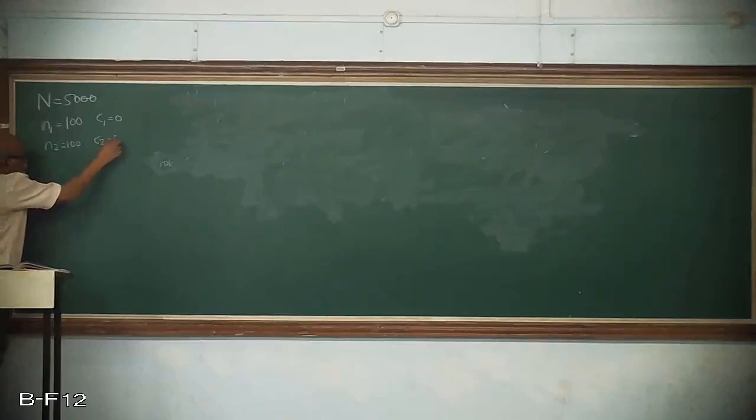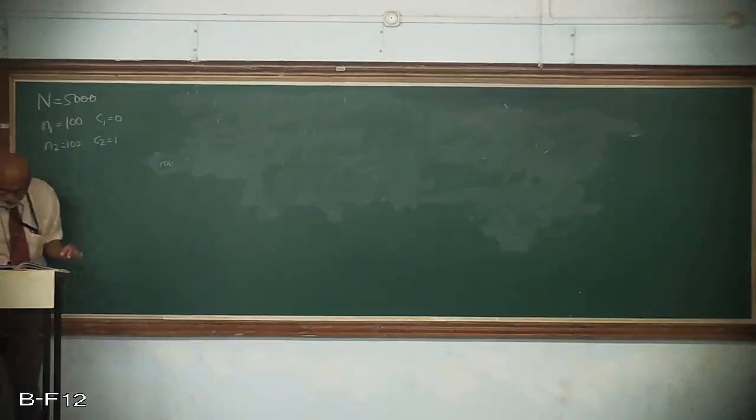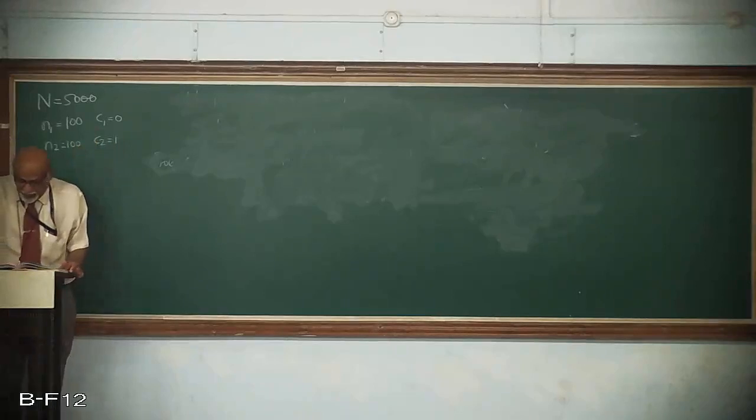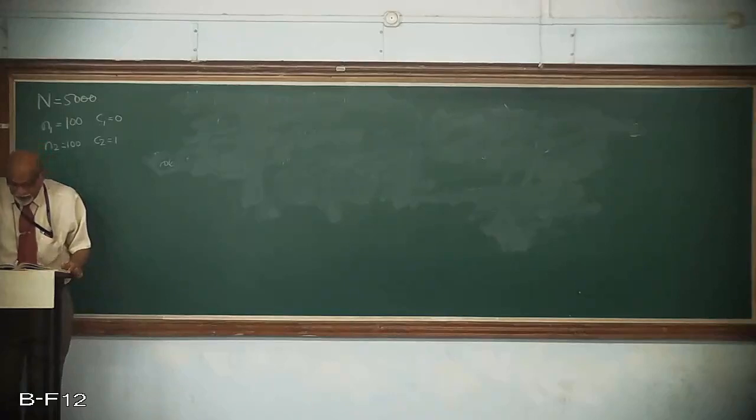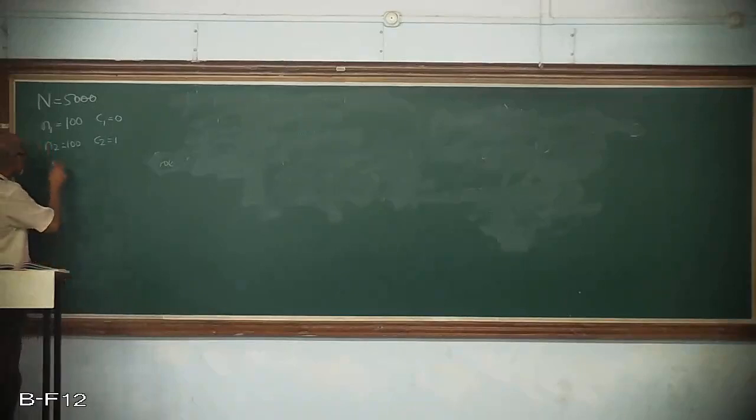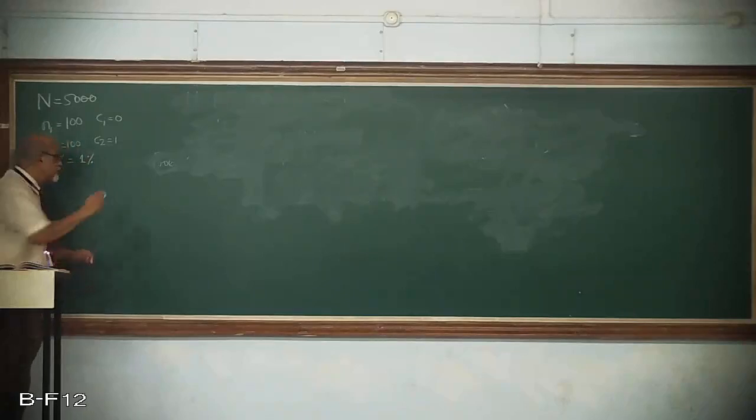C2 is 1. And again, in the problem itself it is mentioned, use Poisson's table to compute the probability of acceptance of a 1% defective lot. That means 1% defective.